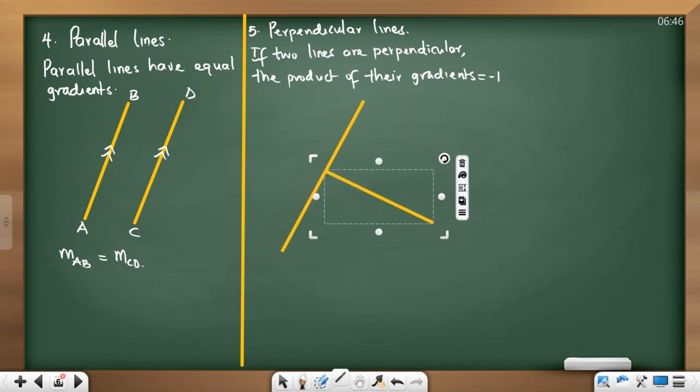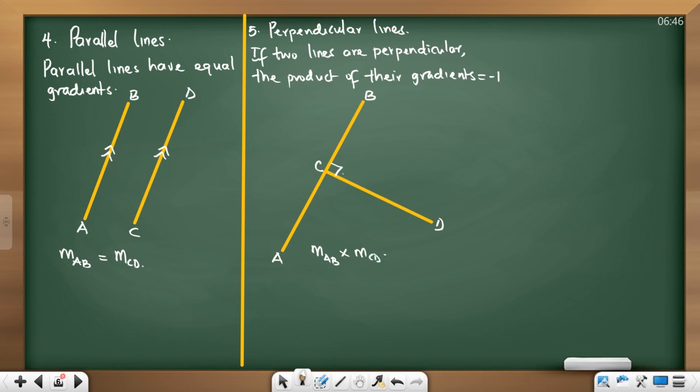So we have that, right? A, B, C, and D. So we're saying gradient of AB times the gradient of CD should be equal to -1.